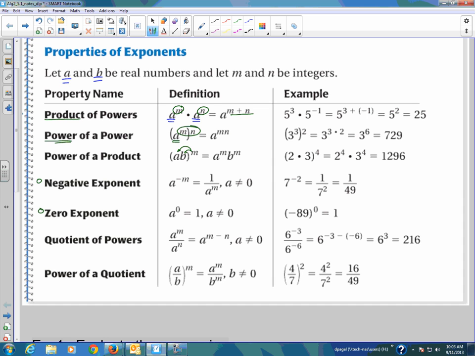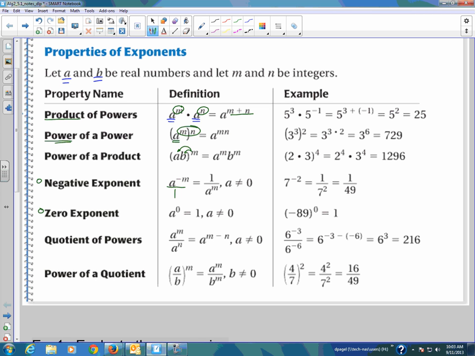In this case, with the example of a to the negative m power, it's like I'm having a 1 down there as a denominator. This helps me establish what's, quote, upstairs and what's downstairs. And if I want to rewrite a negative exponent as positive, I simply move it to the other location. So move it from the numerator to the denominator, or from the denominator to the numerator. And that's what's happened here. So a to the negative m is the same thing as 1 over a to the m.